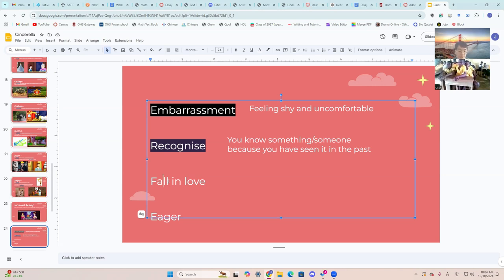You can fall, but with fall in love, love can be used with the word fall, and it means simply to love someone or start to love someone. So falling in love means that you start to love someone else. You use the phrase fall in love to describe someone who just started loving another person.